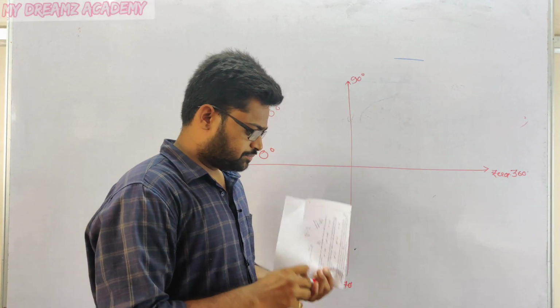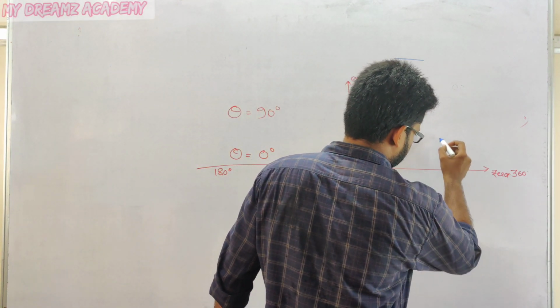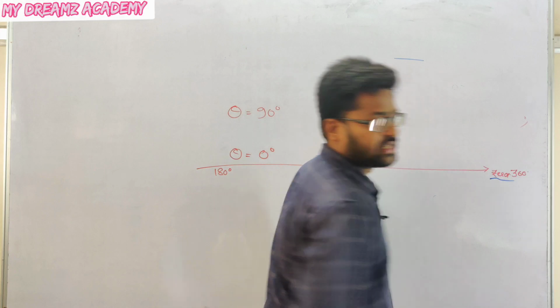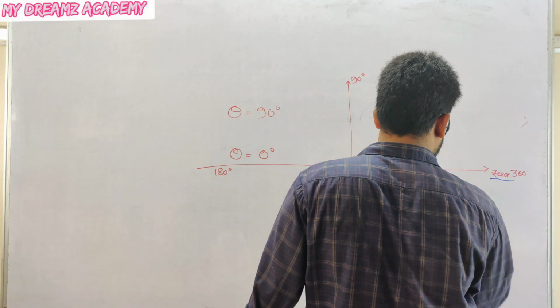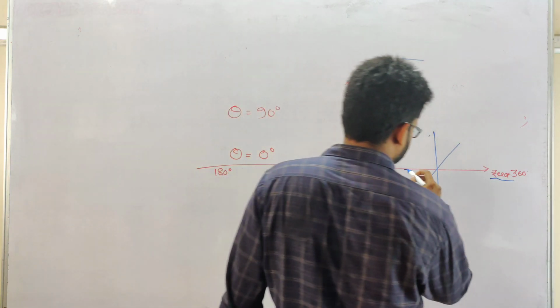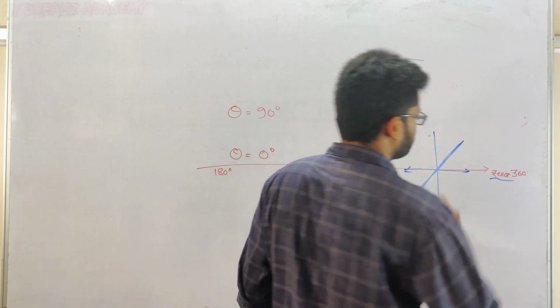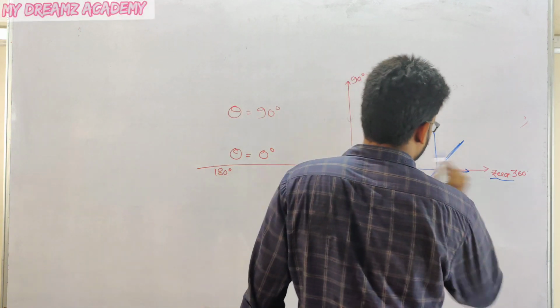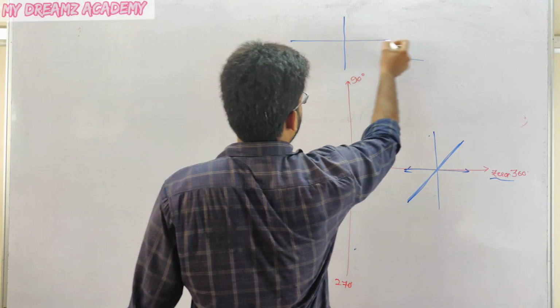If the phase difference between voltage and current is 0 degrees, then the waveform is a straight line passing through the origin, like this. If theta is equal to 90 degrees, it will give a circle.